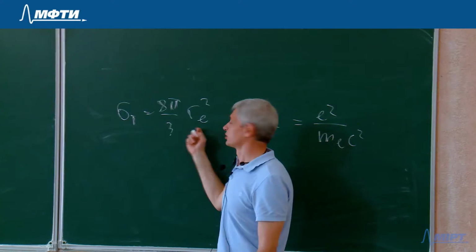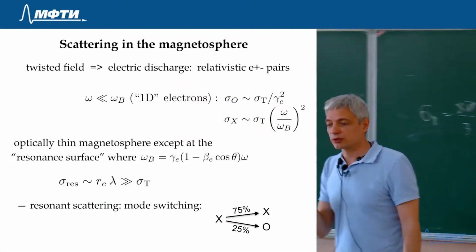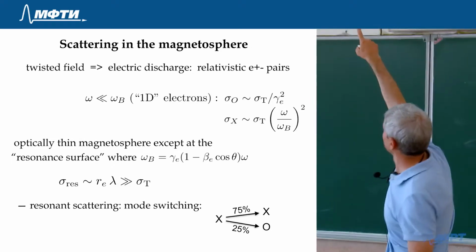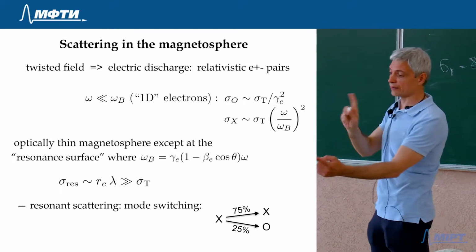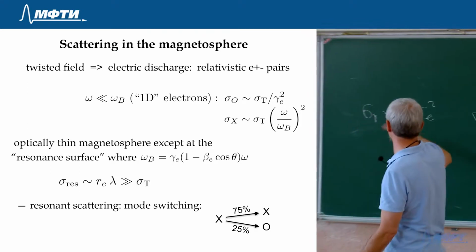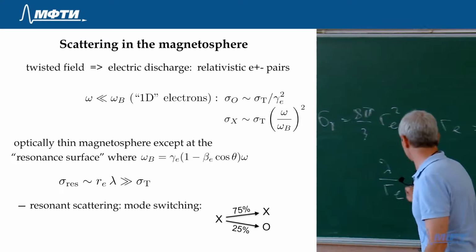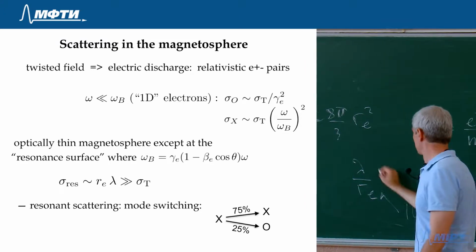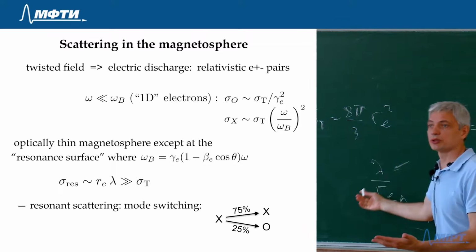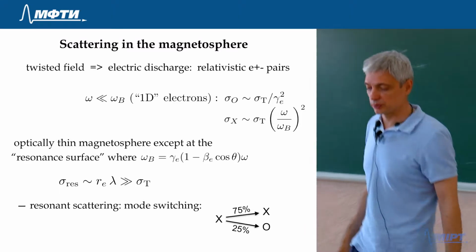Now, the Thomson cross-section is basically this classical electron radius squared. This resonance scattering cross-section is of the order of the classical electron radius times the wavelength of the photon, so the ratio between the two is the ratio of lambda to Re. This is 10 to the minus 13, and the wavelength is much bigger. If it's keV photons, one angstrom, it's much bigger.